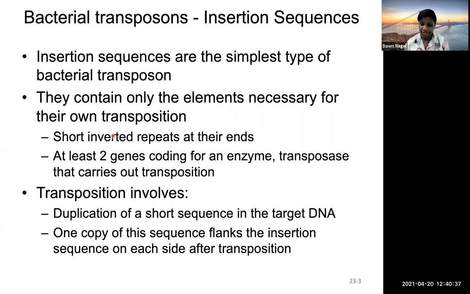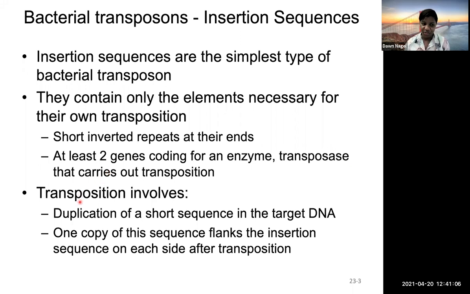And those elements necessary for transposition are the short inverted repeats at the ends of the transposon, right? So that's part of the transposon, these inverted repeats. And they contain at least 1 gene coding for an enzyme that helps them to move around in the genome. That enzyme is referred to as a transposase, and it's responsible for cleaving the DNA and reinserting somewhere else in a new location.